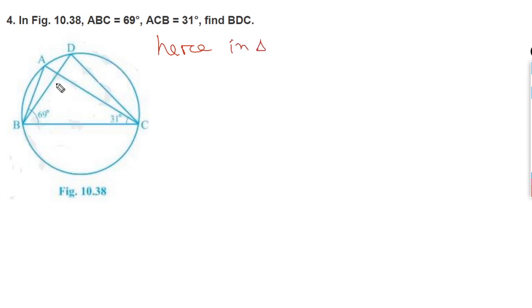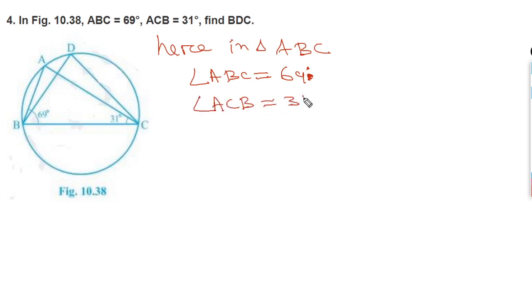In triangle ABC, angle ABC is equal to 69 degree. Okay, then angle ACB equal to 31 degree.